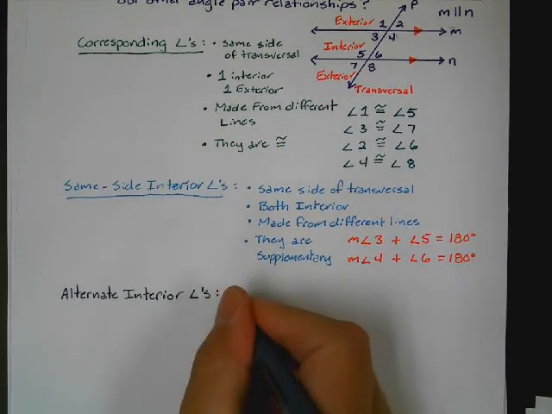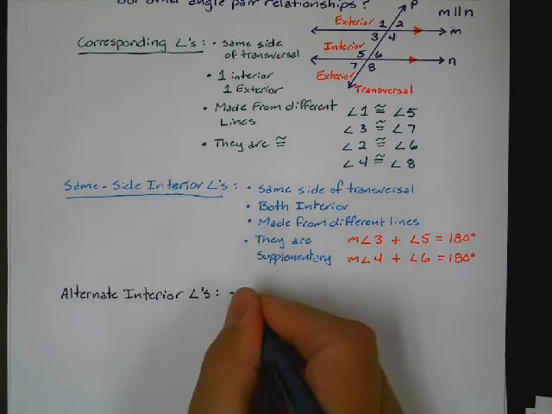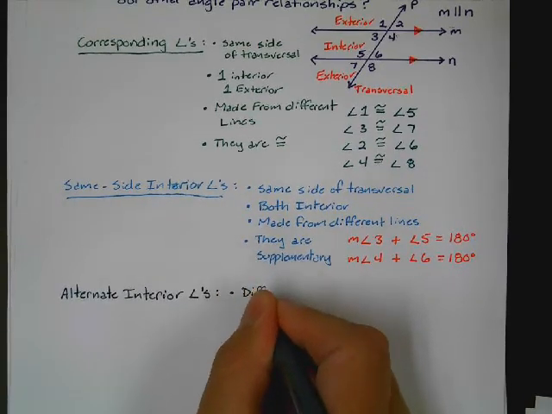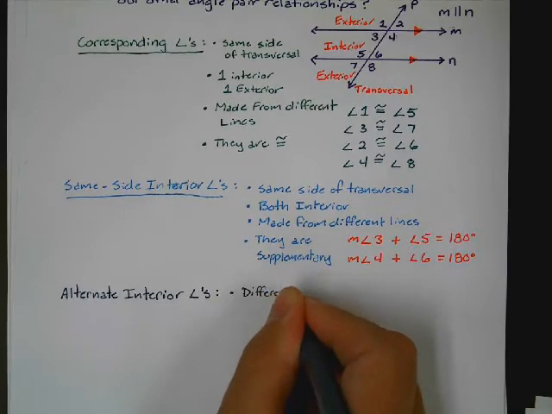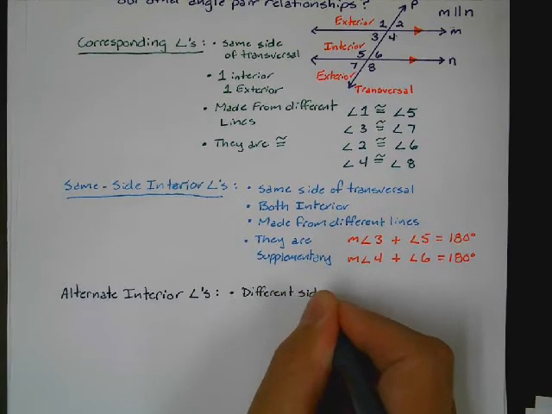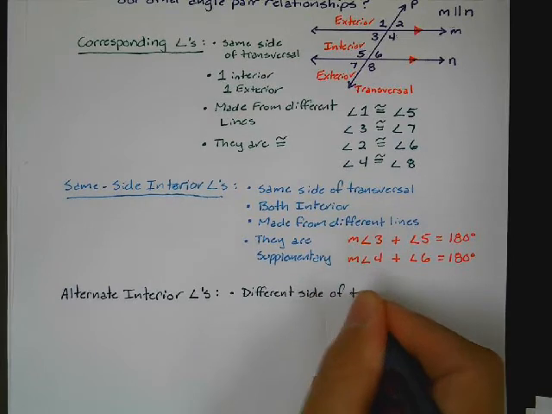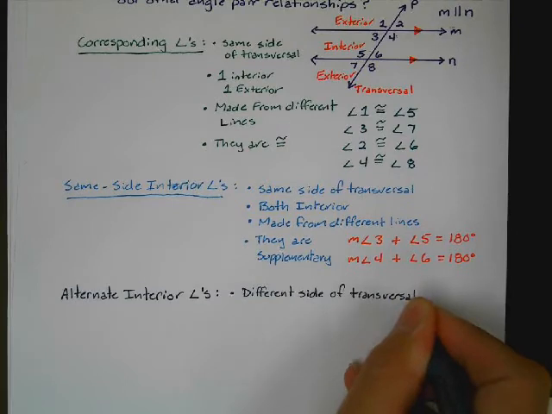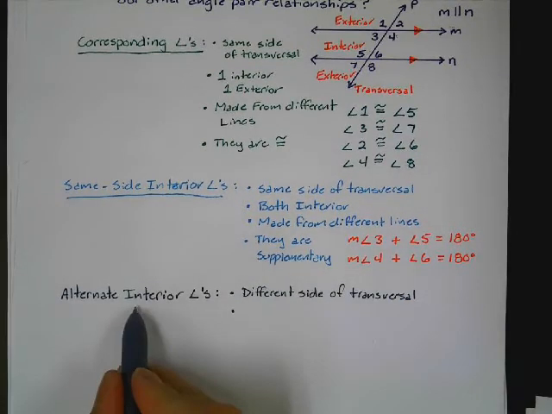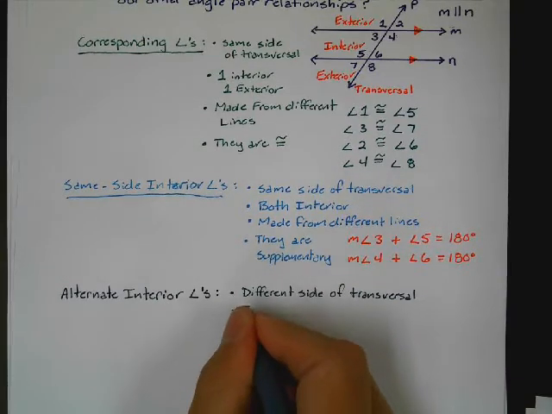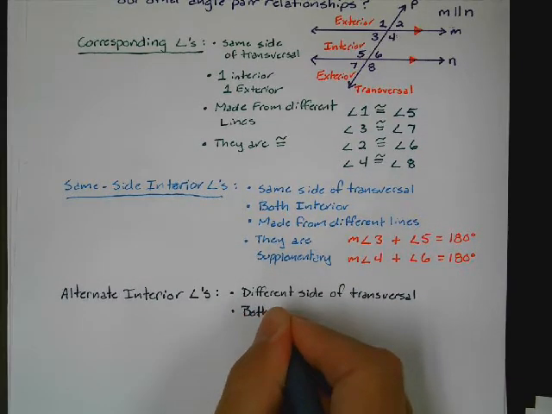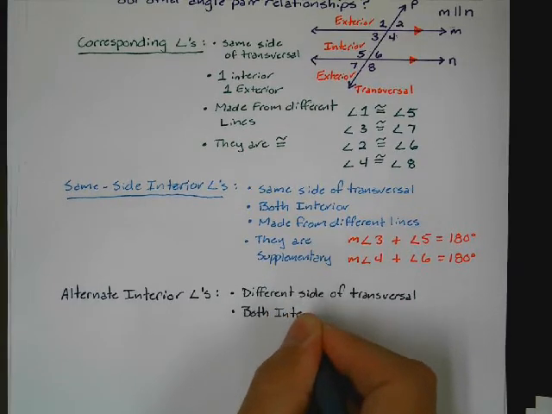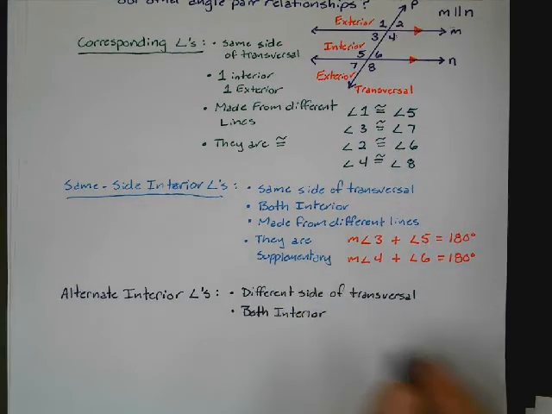So the first thing that we know is different side of the transversal. Second thing we know is they're both interior angles, because it says alternate interior. And then the last one is they have to be made from different lines.